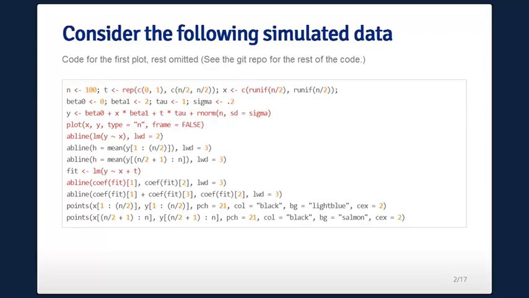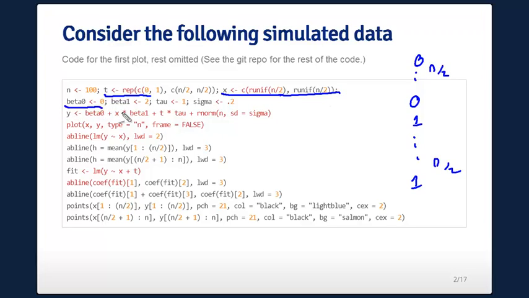That variable looks something like zeros repeated n over 2 times and then ones repeated n over 2 times. Okay? And then my x variable is just a series of uniform random variables. I don't know why I did it that way instead of just doing runif n.